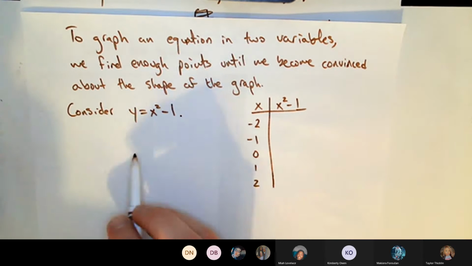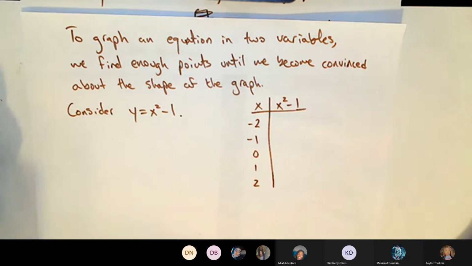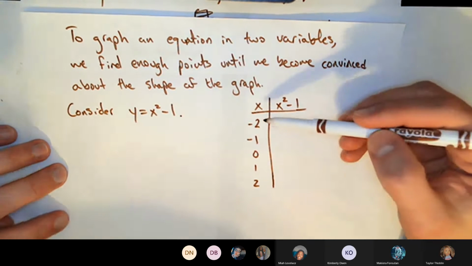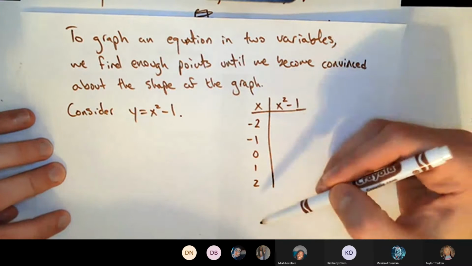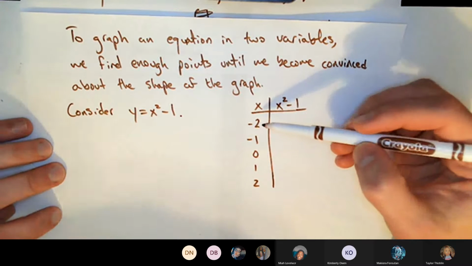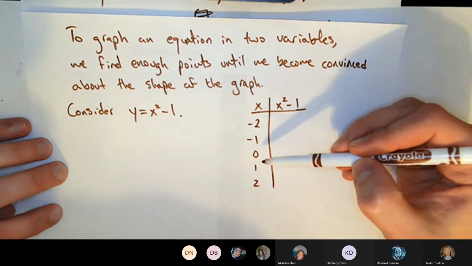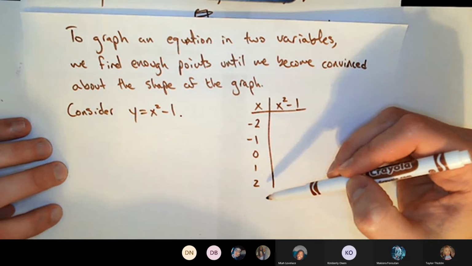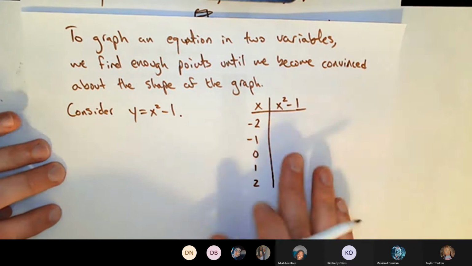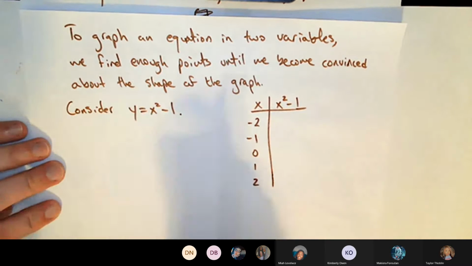Okay, so we're considering y equals x squared minus 1, and we are making a table of values with x in the left column and the y value in the right column, and the x values are ranging over the integers from -2 to 2: -2, -1, 0, 1, and 2. We're going to be plugging those in and finding that y value.